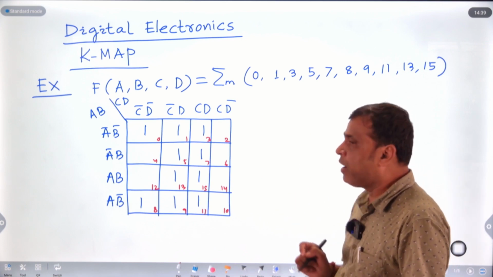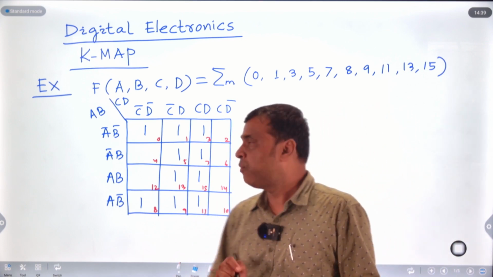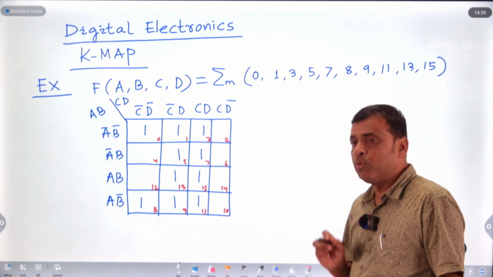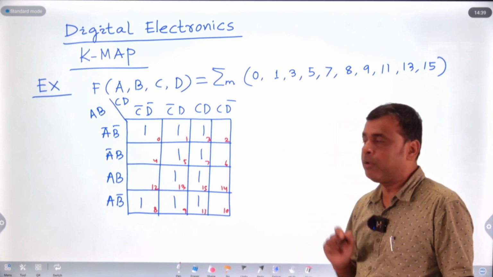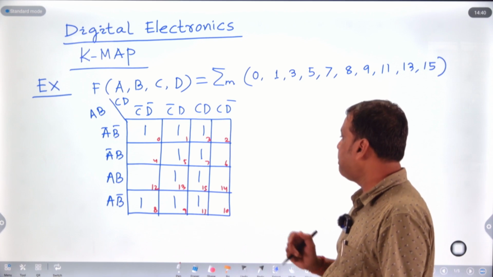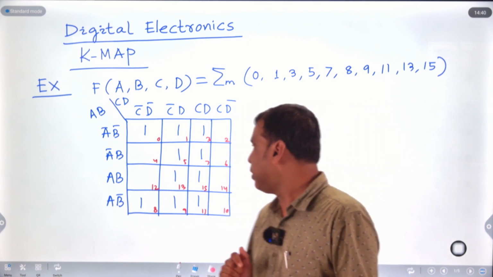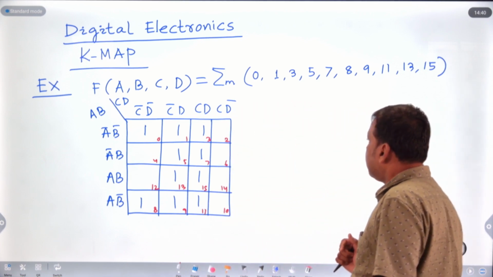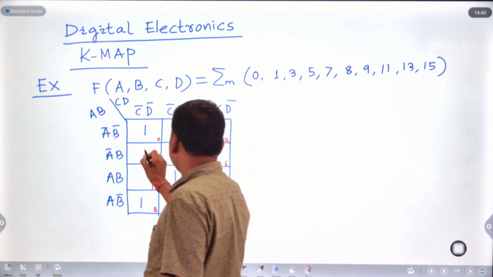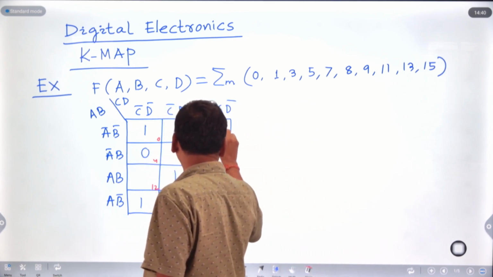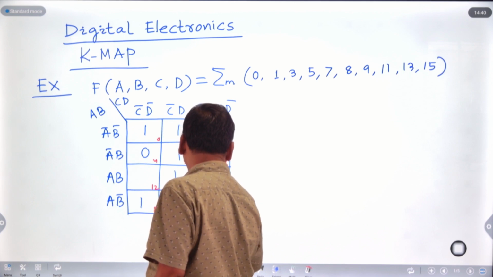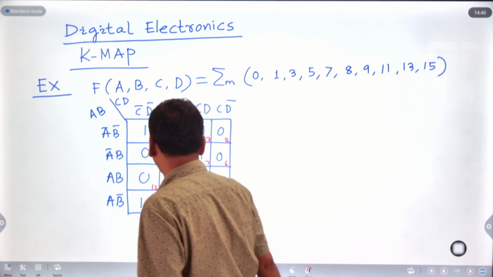Similarly, in case of a quad, combining 4 1s, 2 variables will be reduced and you will get 2 variables. Similarly a pair means 1 variable will be reduced. The remaining squares you will put 0.